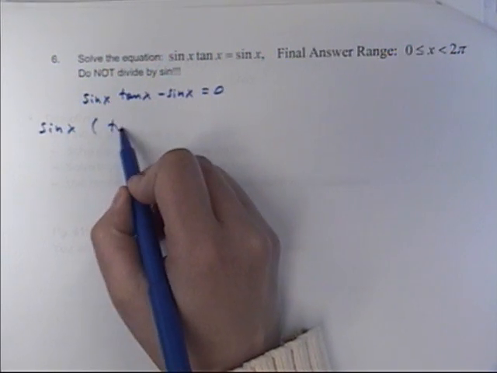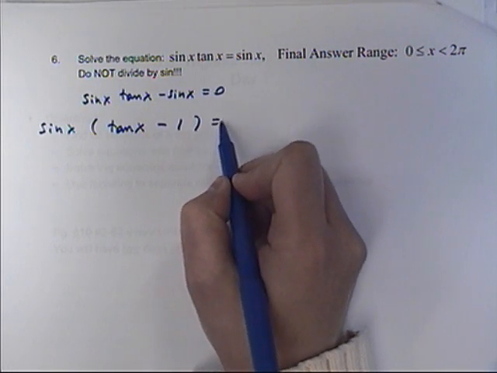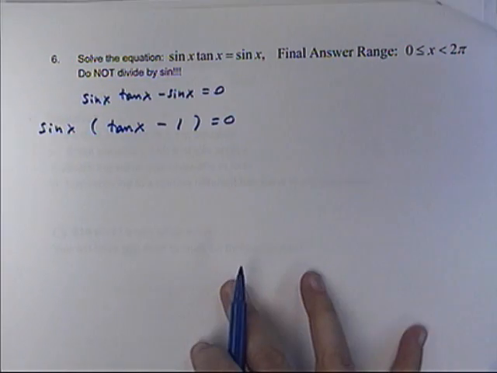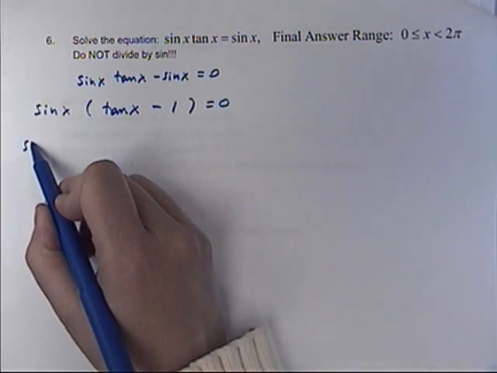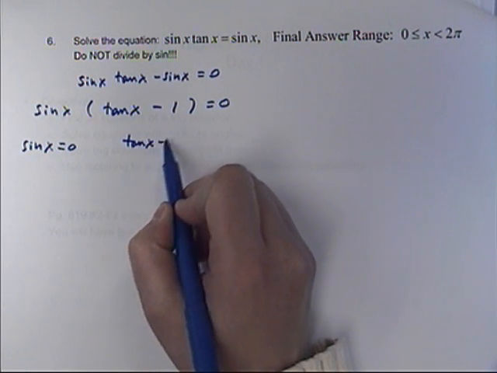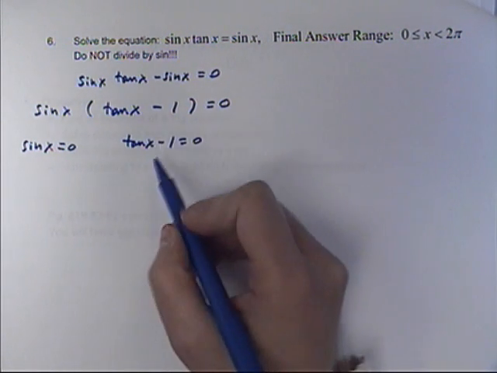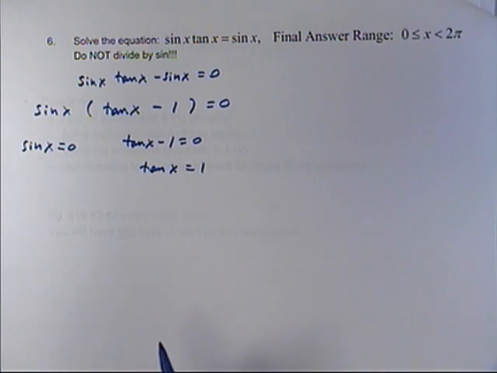So if I factor out the sine of the first term, I have tangent. If I factor out the sine here, I just get 1. And again, I can incorporate my zero product rule, which basically says something times something equals 0. Well, find all possible answers by saying, all right, the first thing could be 0, or the second thing could be 0. Here, obviously, I just add 1 on both sides to get my final value.